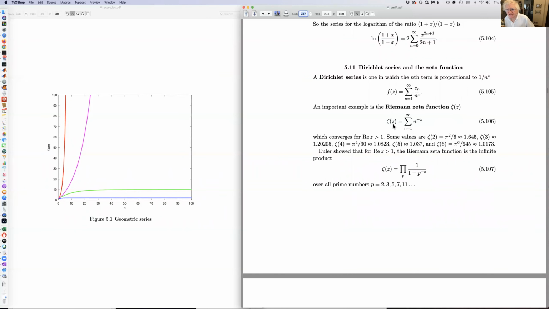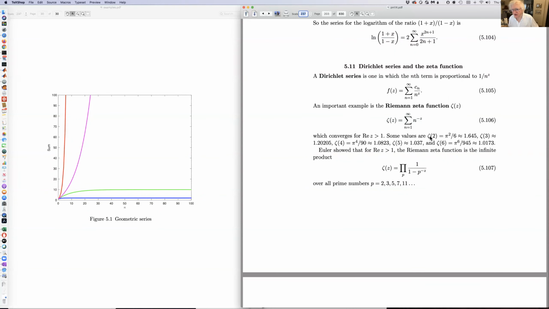Zeta of z then is the sum from 1 to infinity of, notice the sum goes from 1 because if you said n equals 0, you've got an issue here with 0 to the z. So you sum from 1 to infinity 1 over n to the z, or 1 over n to the minus z. This converges if the real part of z is greater than 1.